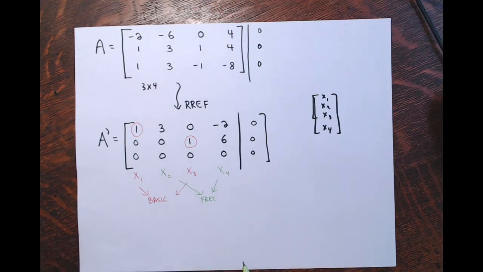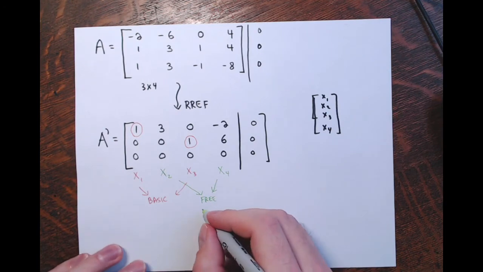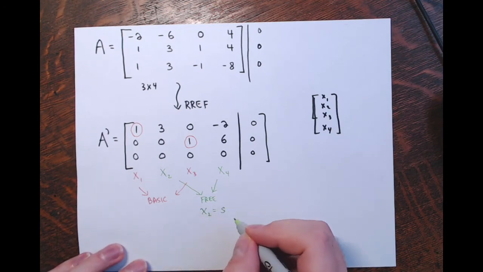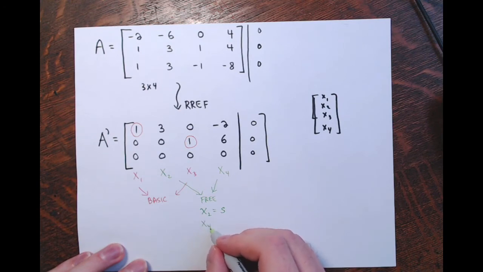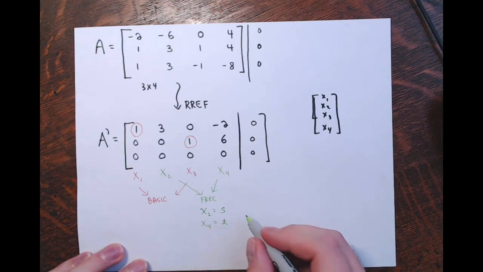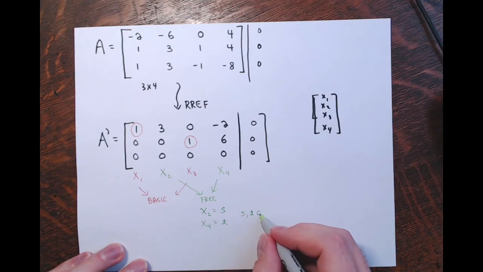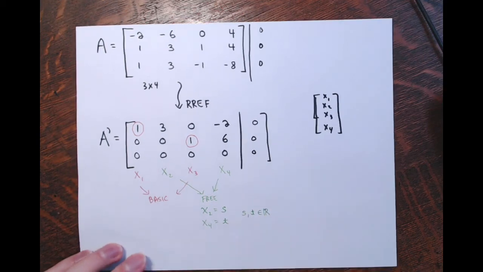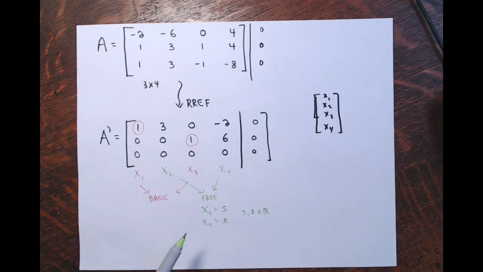And like I said, I like to do this personally. So I'm going to have x2 be represented by s, and I'm going to have x4 be represented by t, where s and t are just any real number I wish. You can leave them as x2 and x4 if you want. I just personally like using other parameters.